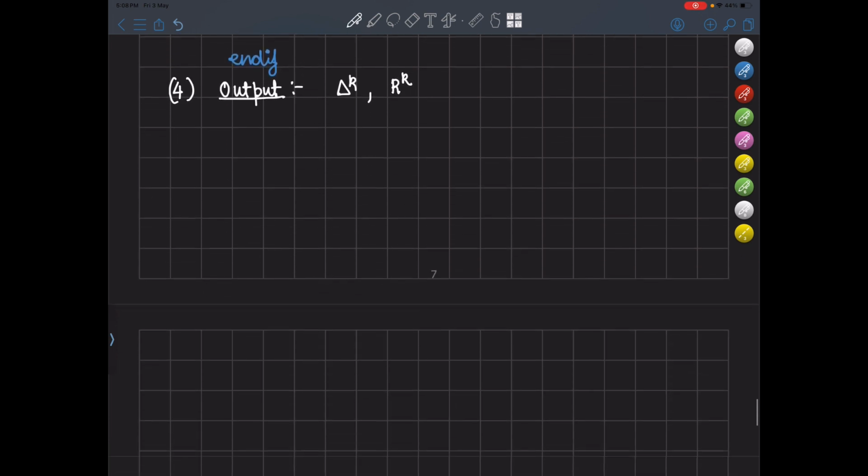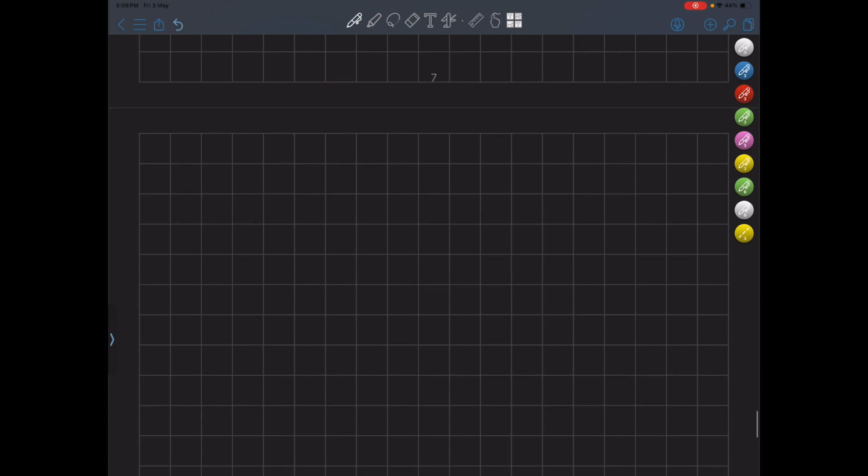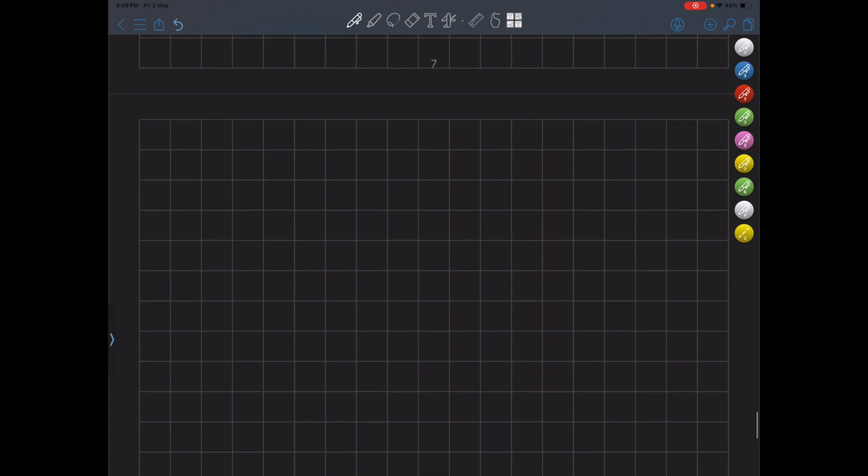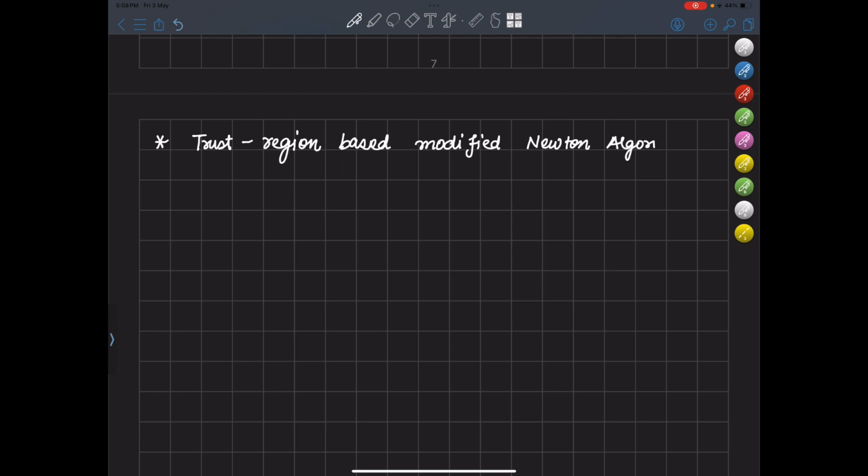Now let us look at the original trust region based algorithm. So trust region based modified Newton algorithm. Let us look at it.